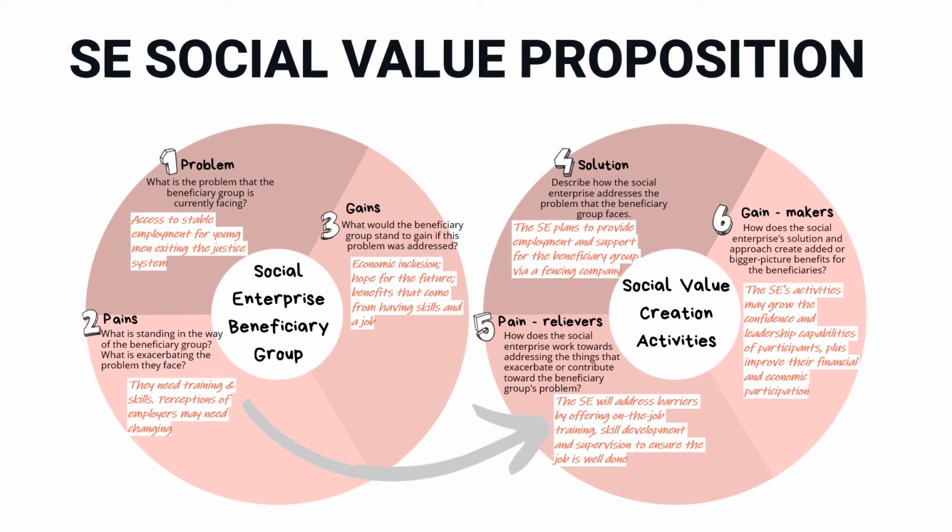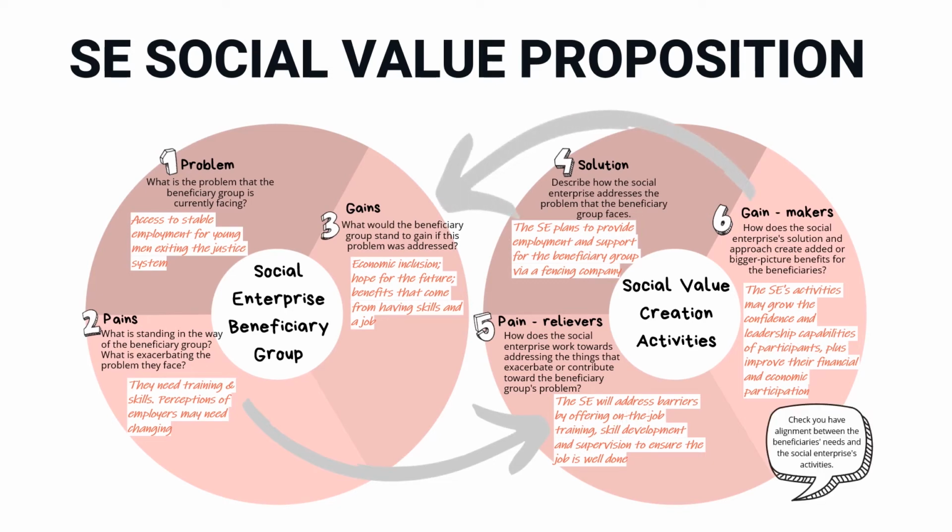These aspects relate back to the big picture goals in the social enterprise's theory of change. So, now we can see the fit, as well as any tensions or inconsistencies between the beneficiary's needs and the activity that the social enterprise proposes to create social value.